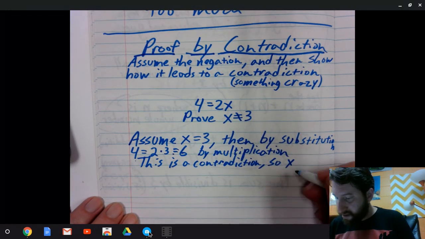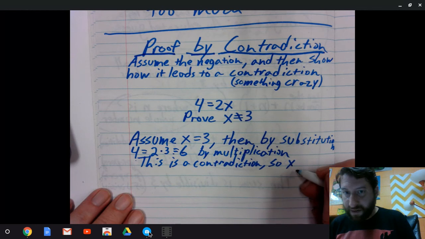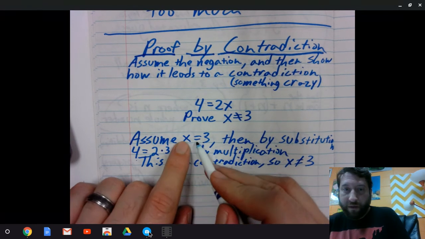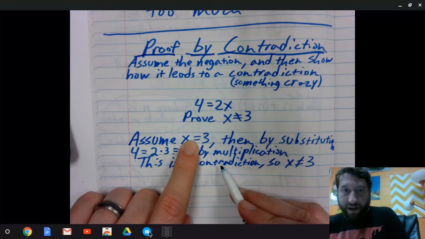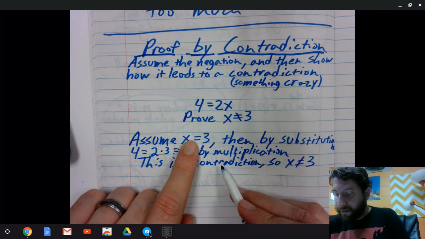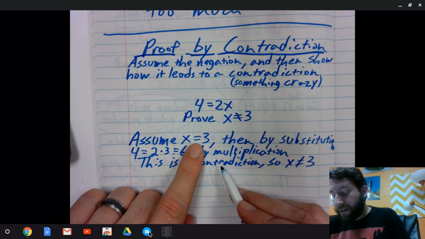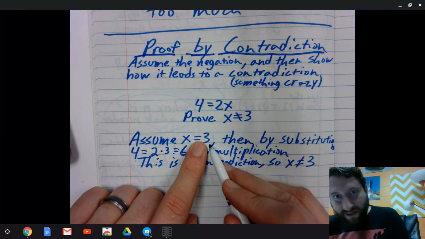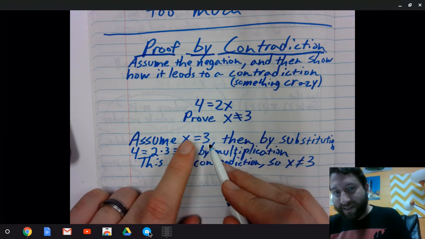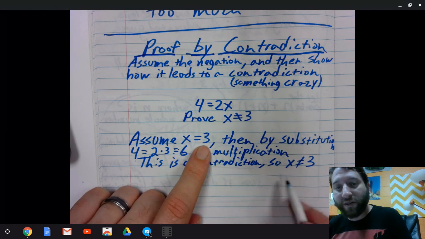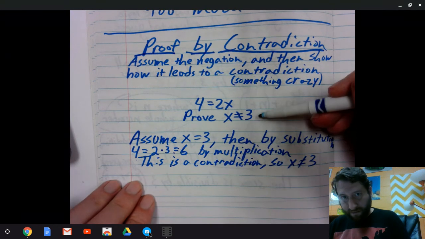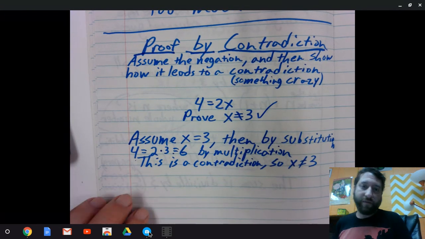So x does not equal 3, because we tried to show that it did equal 3, but we got to a contradiction. If I say x equals 3 and I have something crazy as a result, that means it cannot be 3. So x does not equal 3, which is what we were trying to prove right over there.